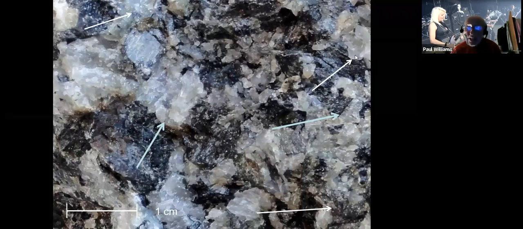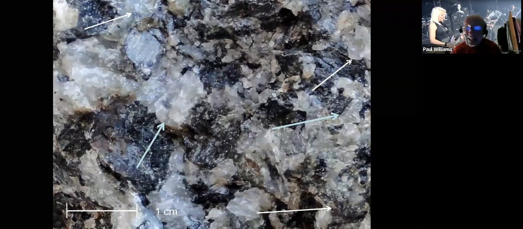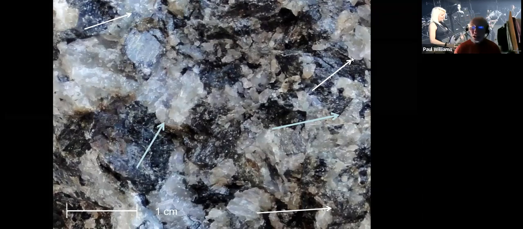And if it is, then that anhedral material is this stuff. And what we're actually looking at here, instead of this anhedral material being quartz, is anhedral plagioclase. So that's a plagioclase crystal, an anhedral bit of plagioclase that hasn't had a chance to properly crystallize.